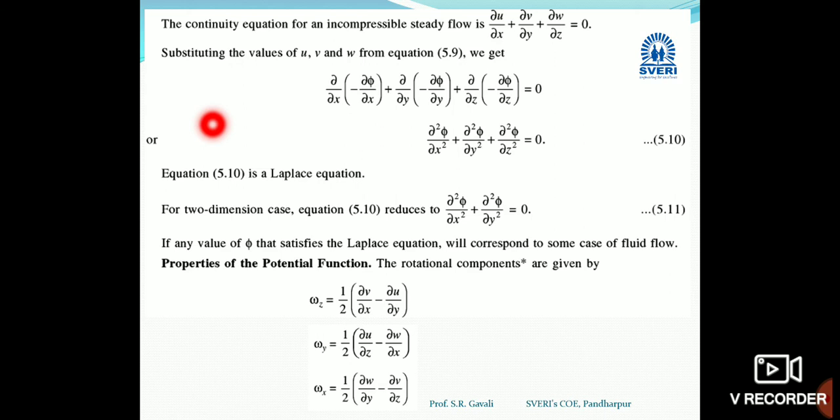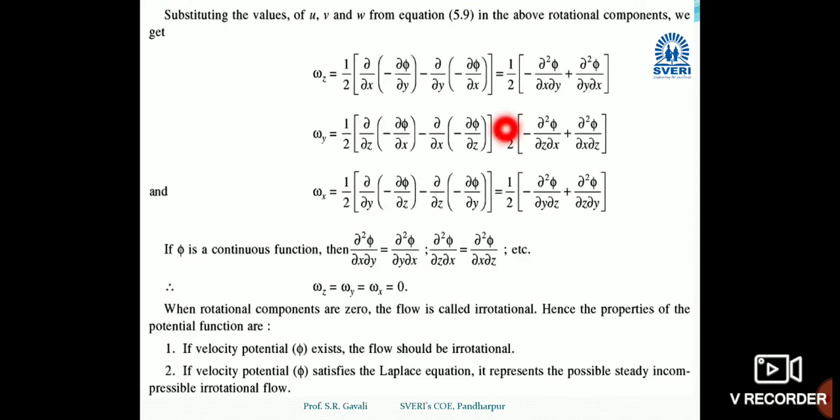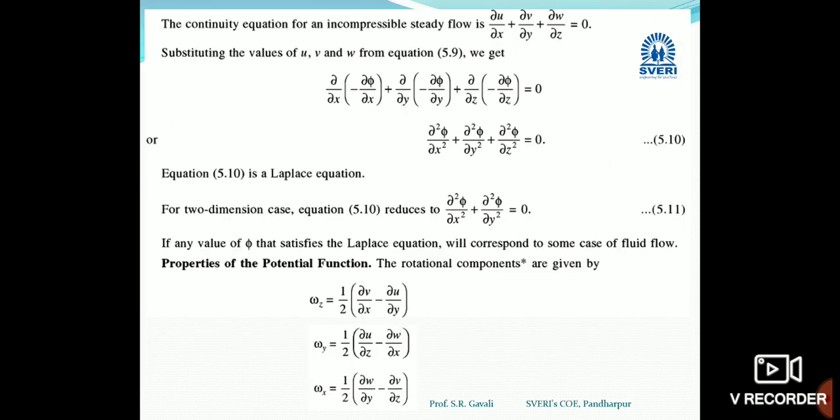If you put u equal to minus dou phi by dou x, v equal to minus dou phi by dou y, and w equal to minus dou phi by dou z, we get dou square phi by dou x square plus dou square phi by dou y square plus dou square phi by dou z square is equal to 0.